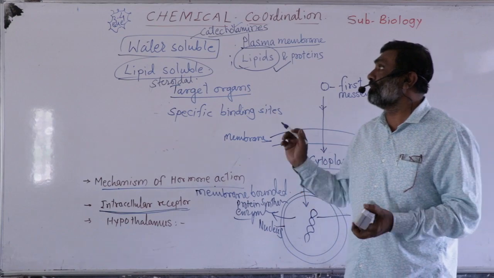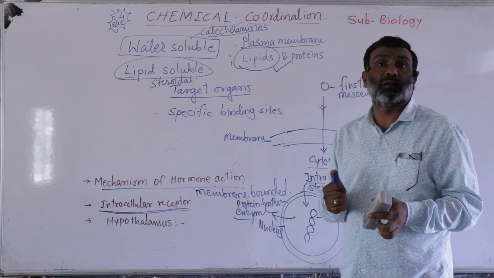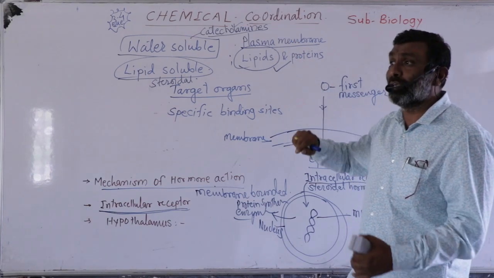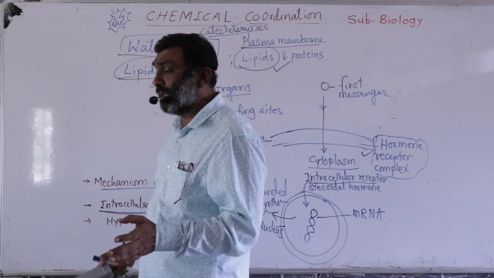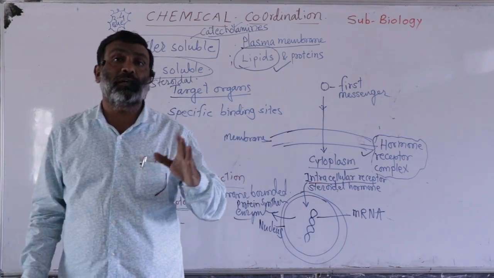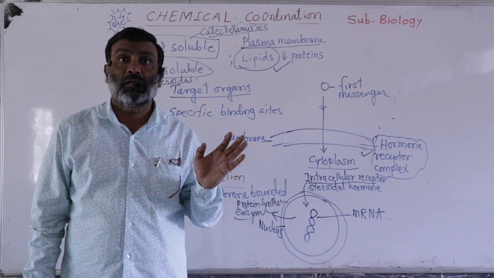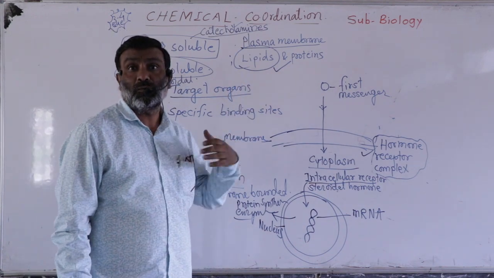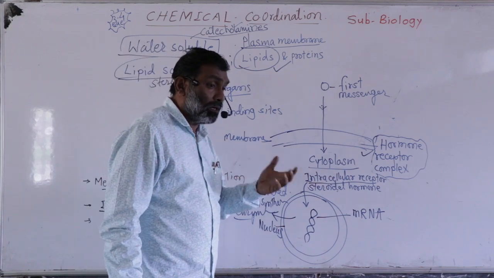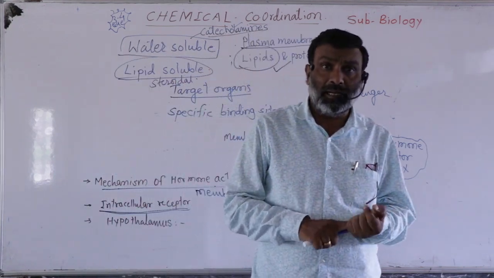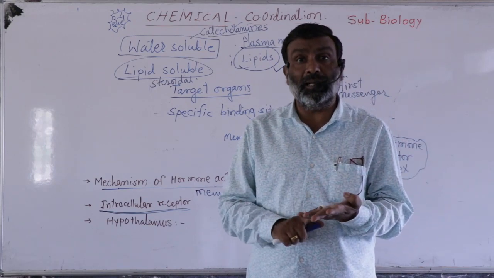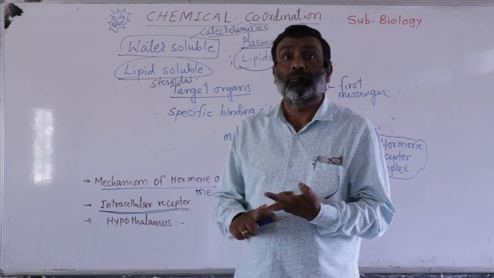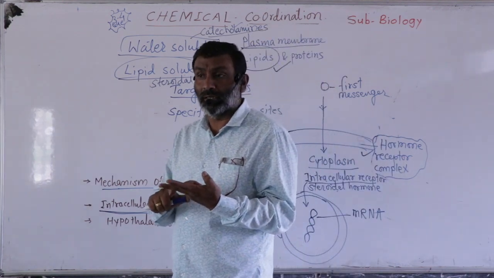What we have studied in this period: first of all, what is meant by chemical coordination. Then the difference between nervous coordination and chemical coordination. Then what is meant by hormones. Then that hormones are secreted by glands, so what are the types of glands: the exocrine gland, endocrine gland, and the mixed gland.